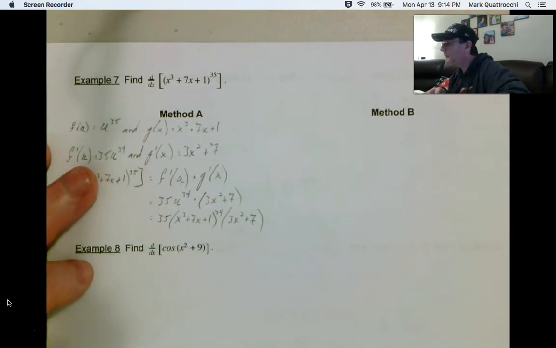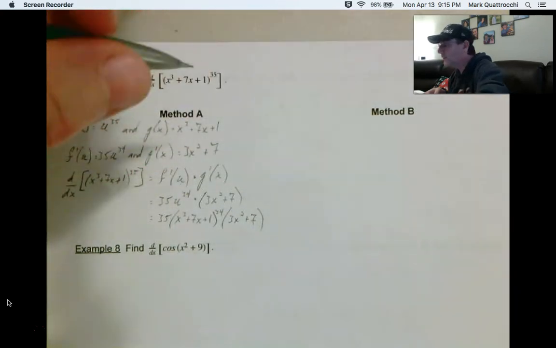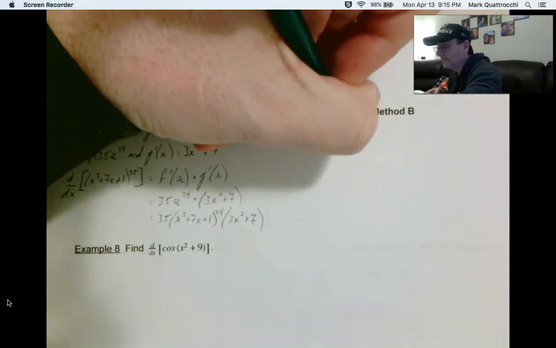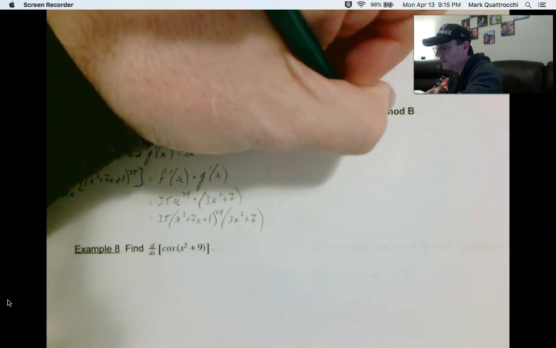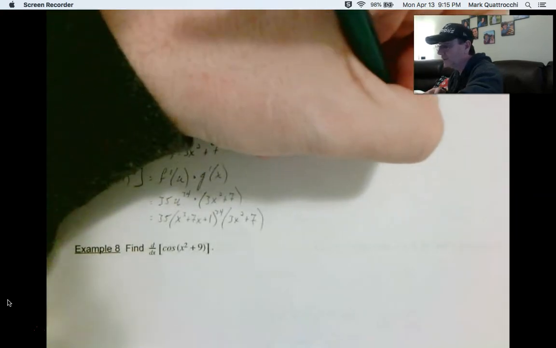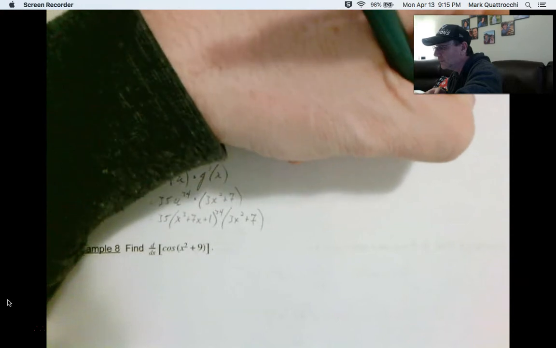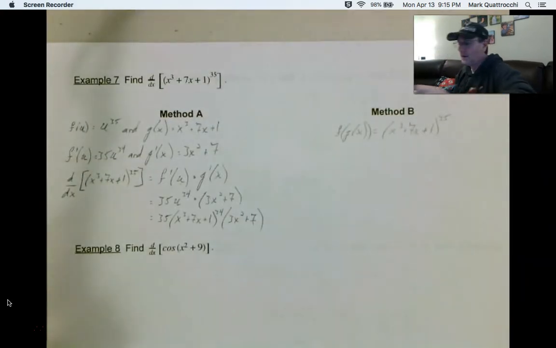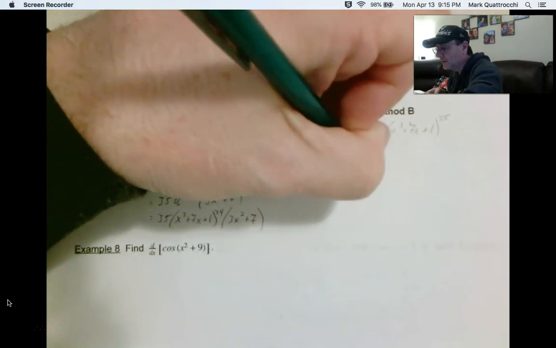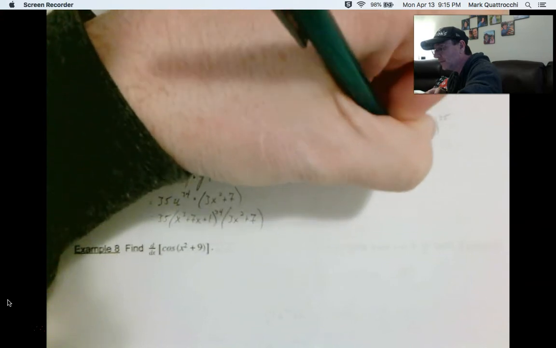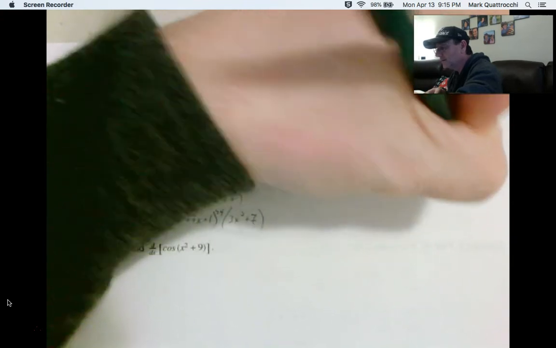Method B is to do the derivative of f of g of x equal to x cubed plus 7x plus 1 to the 35th power, and the derivative is f prime of g of x times g prime of x.